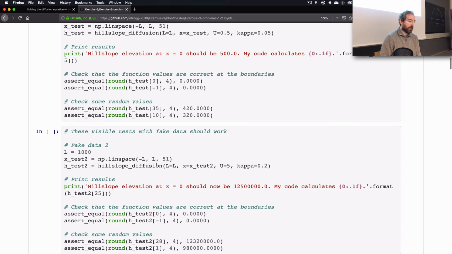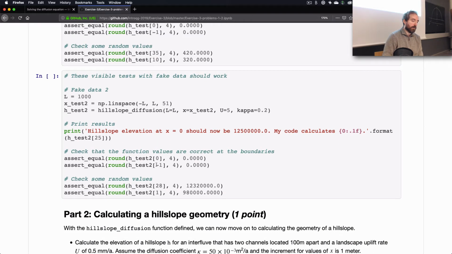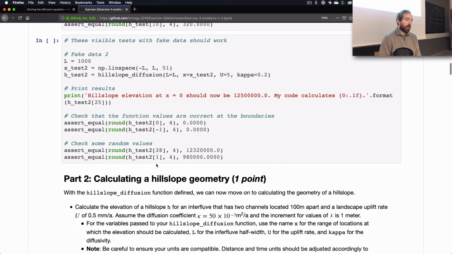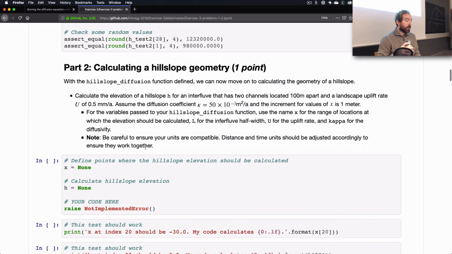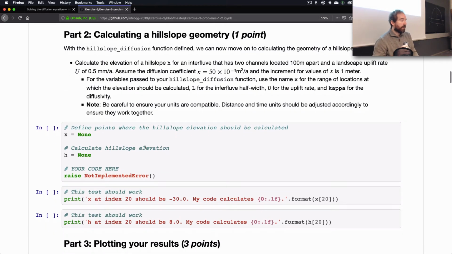And there's actually 2 different sets of fake data just to make sure that if you get it to work for one case with a certain L value, it doesn't fail for the second case. So you can test your equation once you've made it. Then you'll go through step 2 to calculate a hillslope geometry.